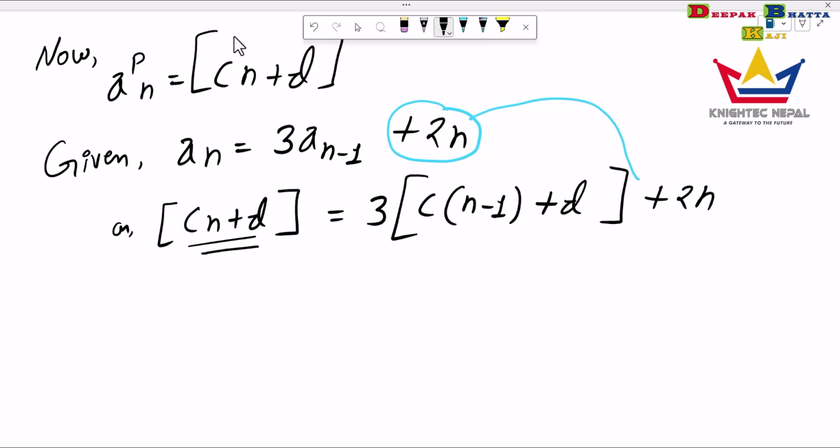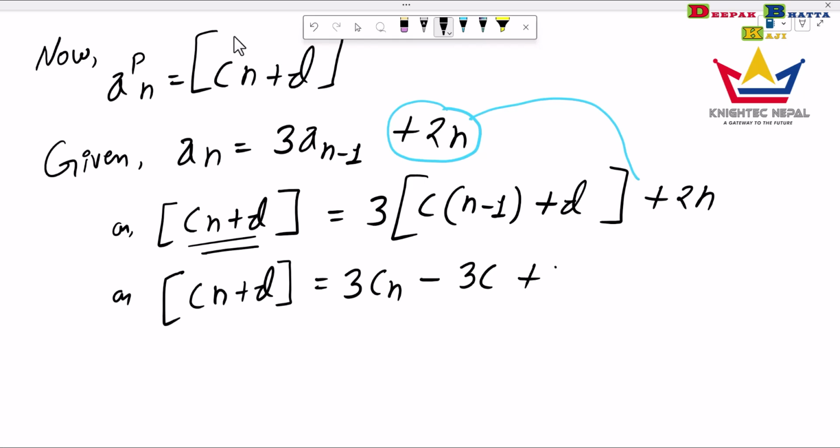So now substitute this form. So Cn plus d equals 3Cn minus 3C plus 3d.